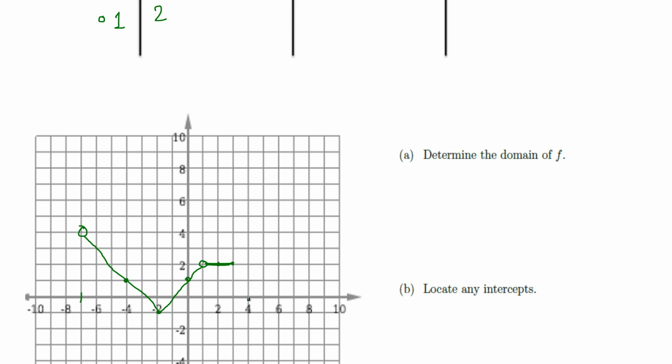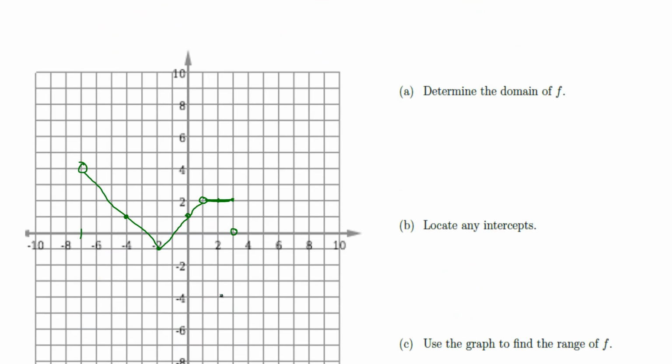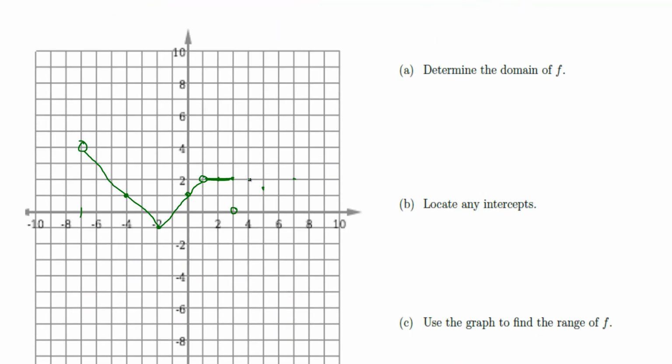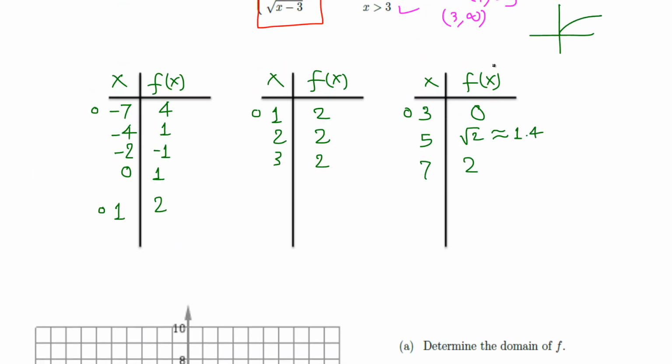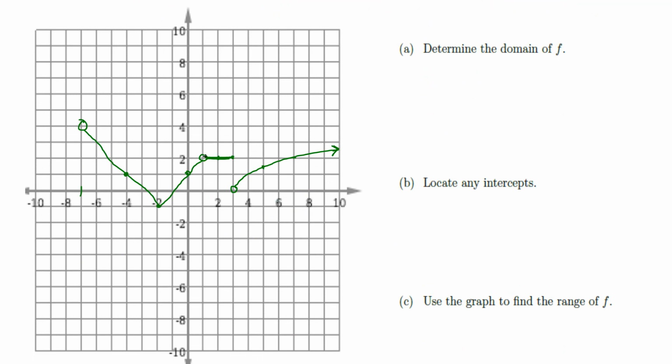Then 5, 1.4 somewhere here, and then 7, 2. So this will be something like this. It keeps going forever, because the third piece is 3 through all the way. So we have this piecewise defined function. This one is a circle, by the way, and this is a dot.